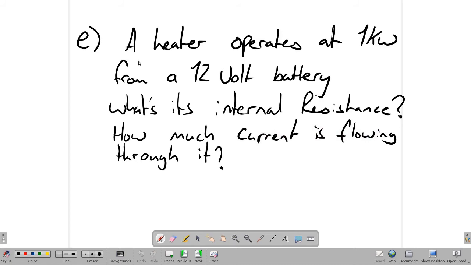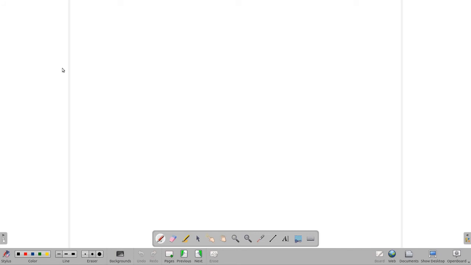Let's look at this question. A heater operates at 1 kilowatt from a 12 volt battery. What's its internal resistance? How much current is flowing through it? So let's just sketch this one out.